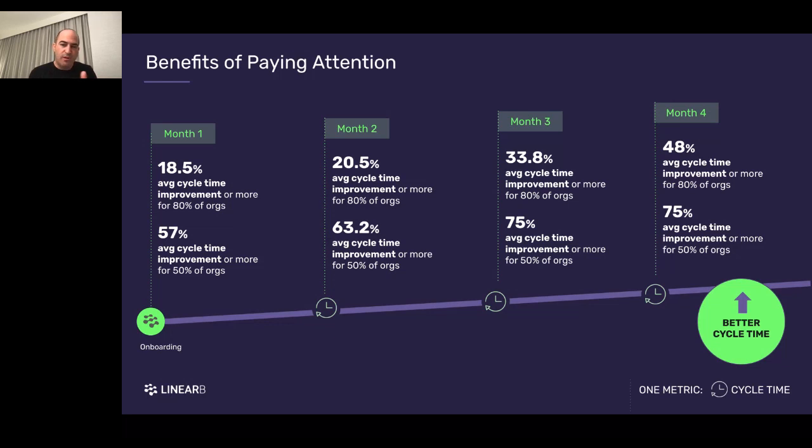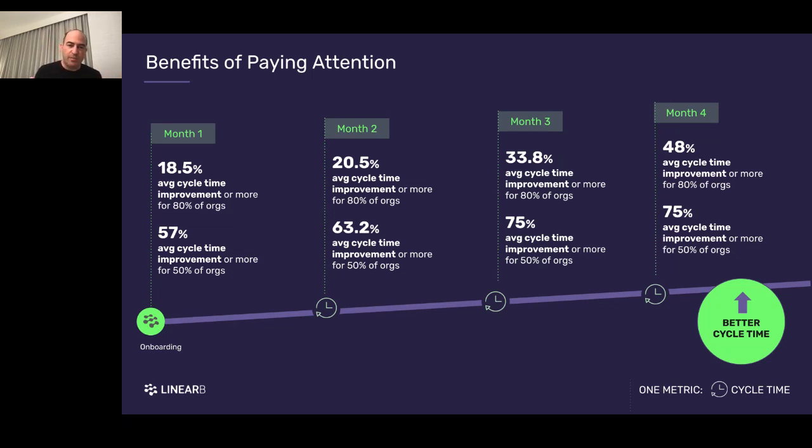So you see here are numbers of how much teams typically improve, in this case using our product, but basically just looking at cycle time, paying attention, driving some retrospective cycles of improving based on the data.